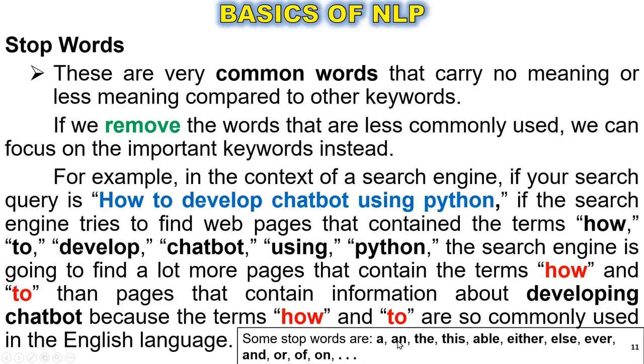For example, in the context of a search engine, if you search a query, how to develop chatbot using Python, and the search engine tries to find web pages that contain the terms how, to, develop, chatbot, using, Python, the search engine is going to find a lot more pages that contain the terms how to than pages that contain information about developing chatbot, which is the main idea that we wanted to search.